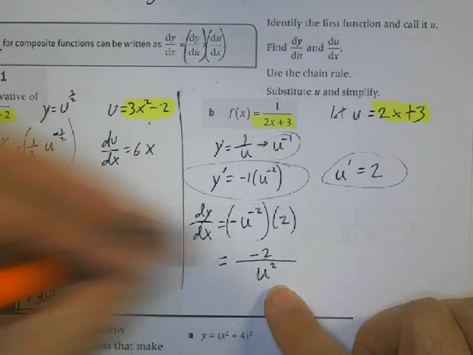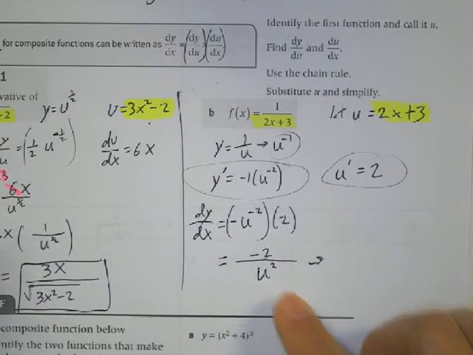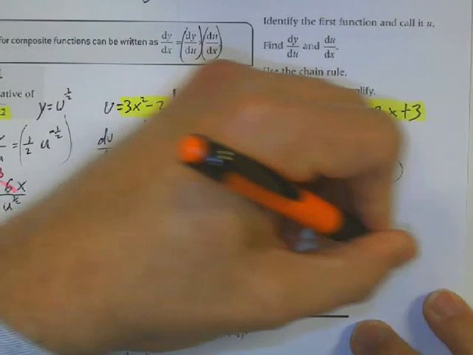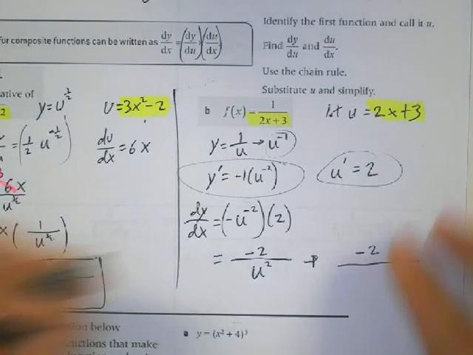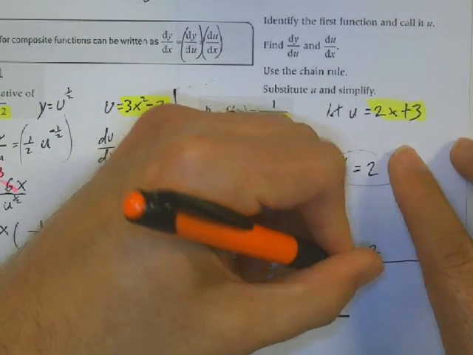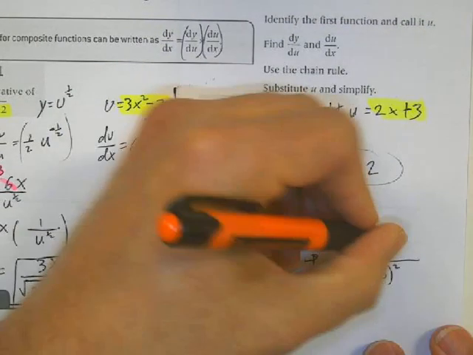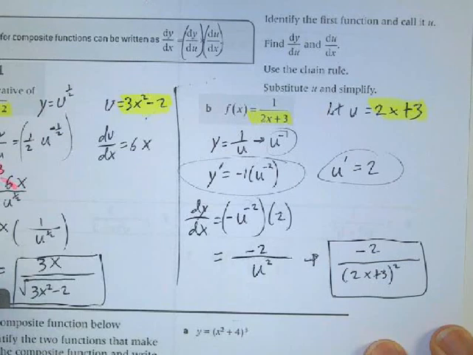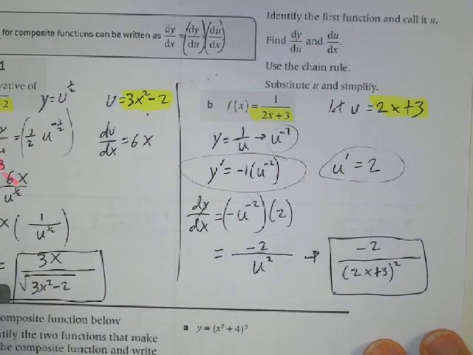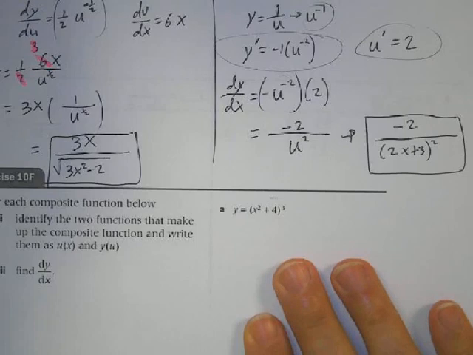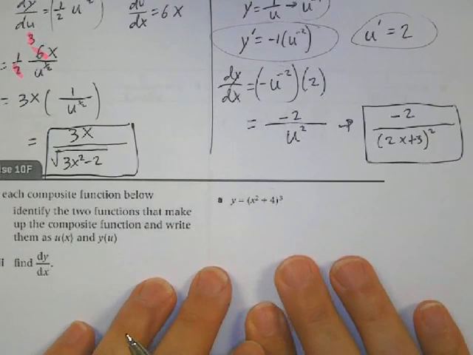And so now we can simplify this, and we get negative 2 divided by (2x plus 3) squared. Okay, I'm going to do one more example, and then the rest I'm going to just show the key and kind of walk you through it.